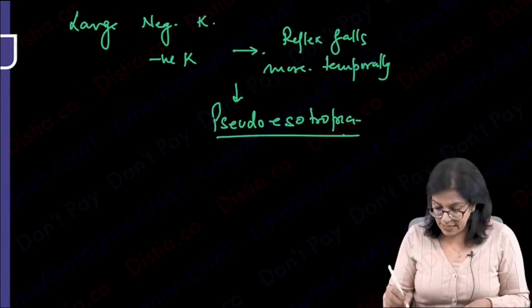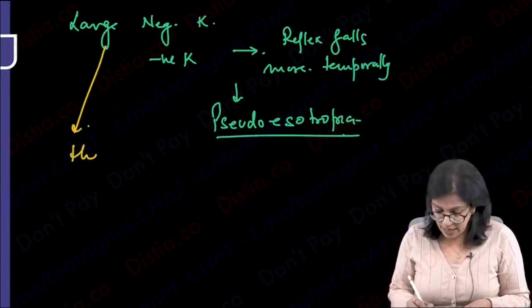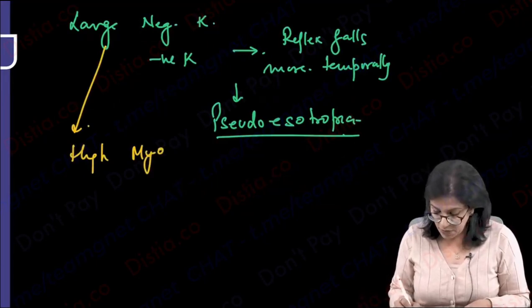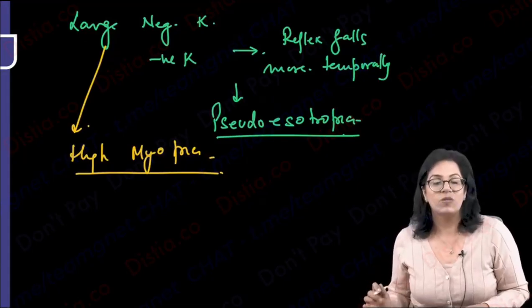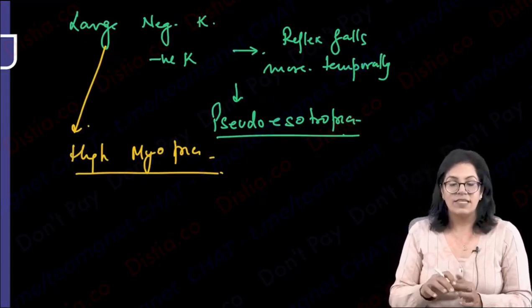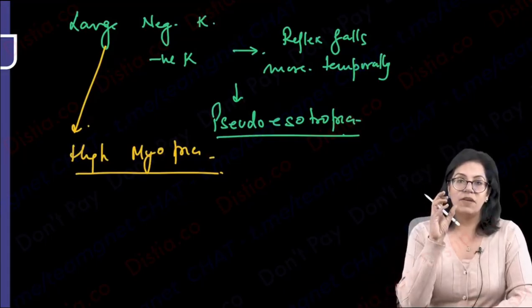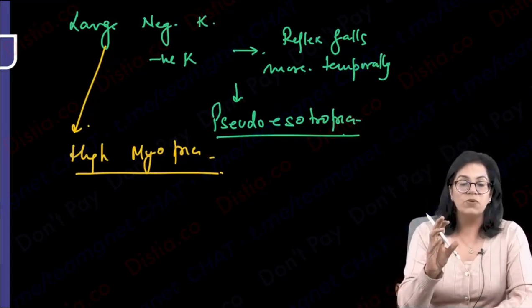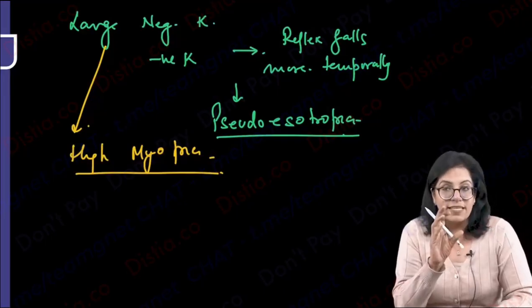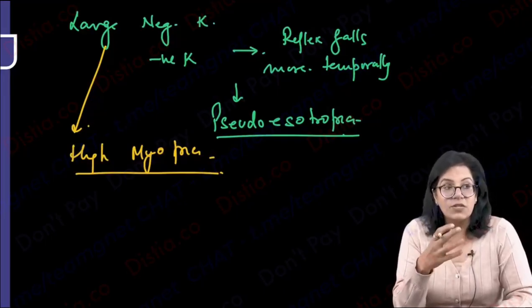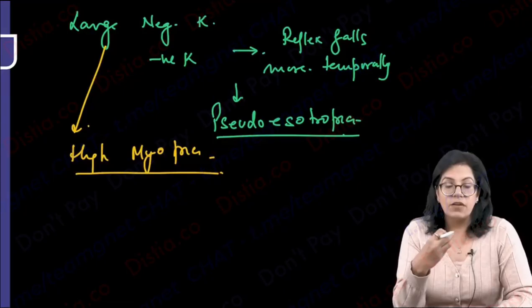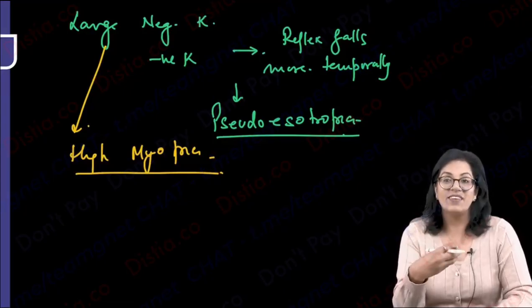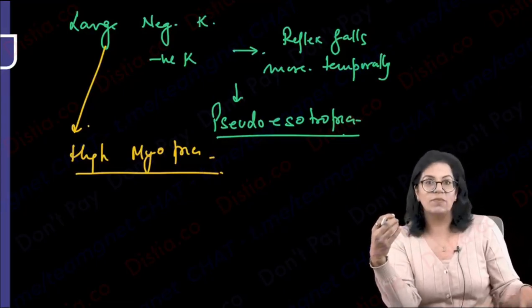And a large negative kappa is generally seen in high myopes. So, in high myopia, you may get a pseudo esotropia. So, these are the things you have to understand, that when you are looking at the reflex, it is giving us an indication or a hint about the angle kappa of that patient, and we have to be aware of this, otherwise we are not going to diagnose the squint properly.